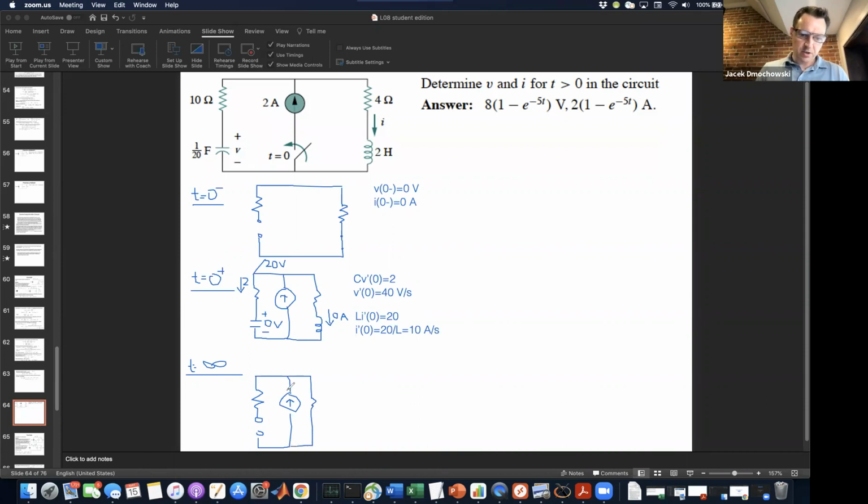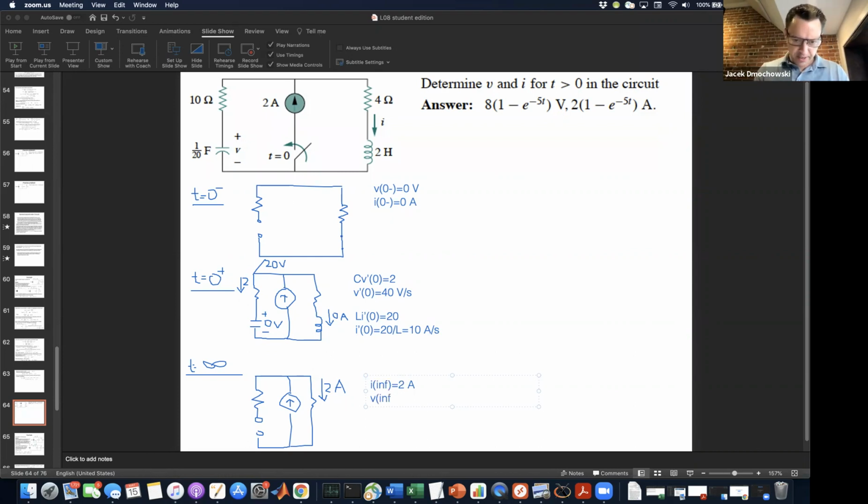And so this 2 amps obviously has to all flow over here. So it's gone all the way from the left to all the way to the right as time goes to infinity. And so we easily see that I of infinity is equal to 2 amps.